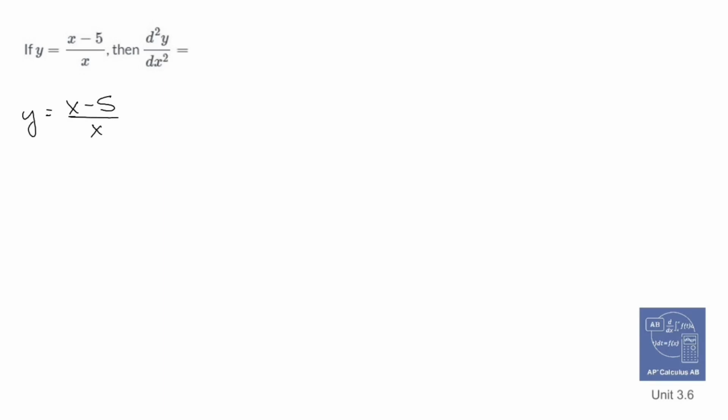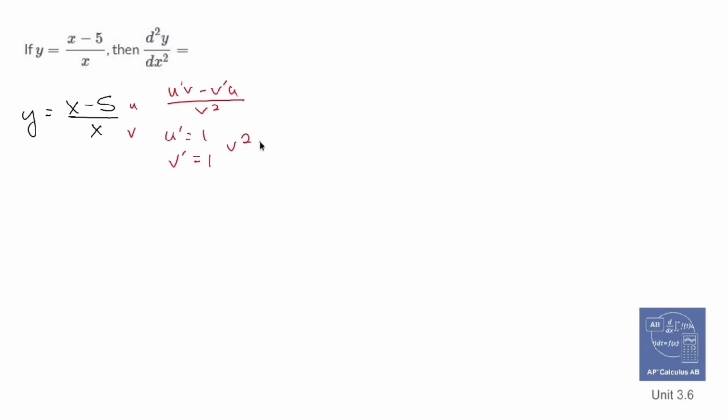In order to find the first derivative, I need the quotient rule. So you're my u, you're my v. Quotient rule is u prime v minus v prime u all over v squared. u prime is going to be the derivative of the numerator, which is 1. v prime is going to be the derivative of the denominator, which is 1.